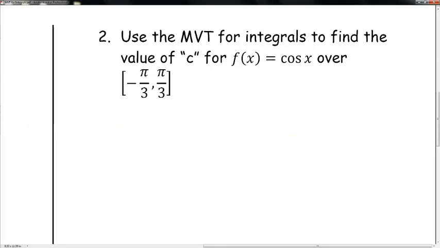Alright, I'm going to use the mean value theorem again for integrals to find the value of c for f of x equals cosine x over negative pi over 3 to pi over 3. Let's go ahead and get ourselves set up. So instead of writing cosine of x, we're going to write cosine of c, and we're going to be solving for that.